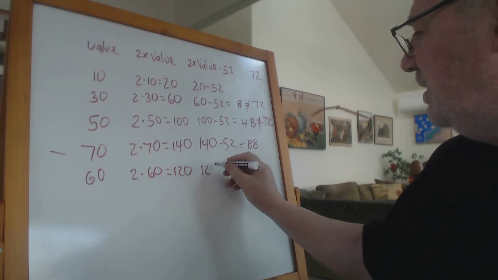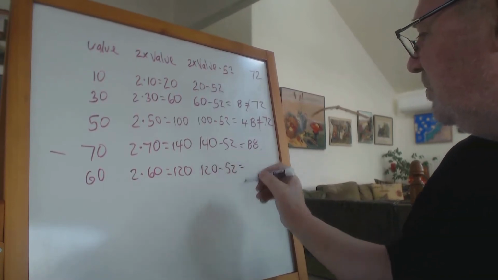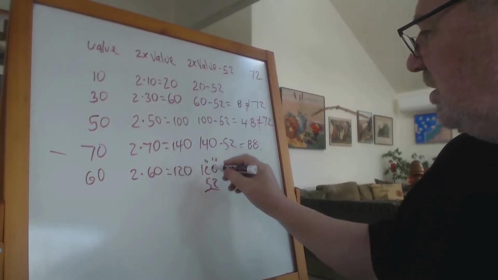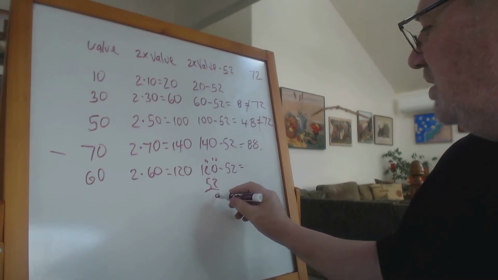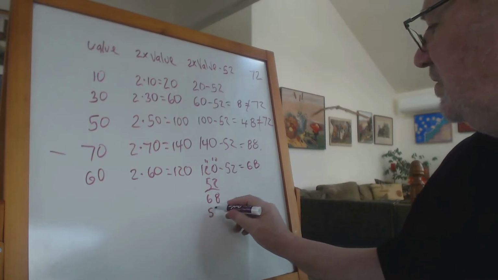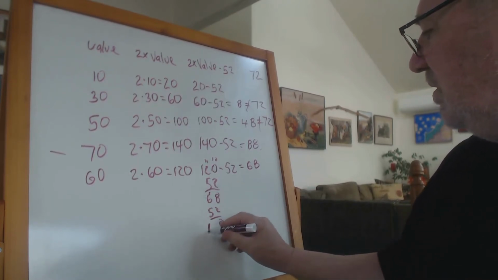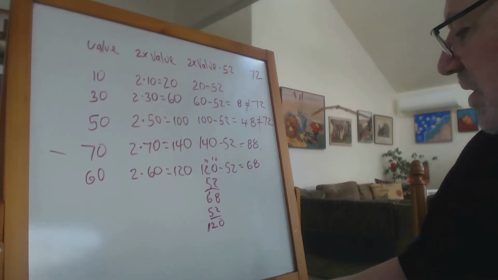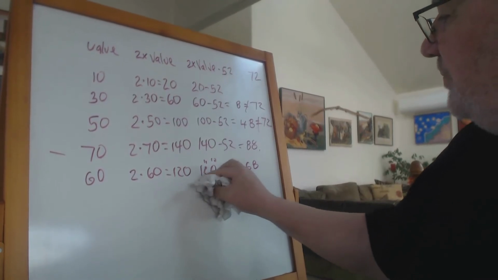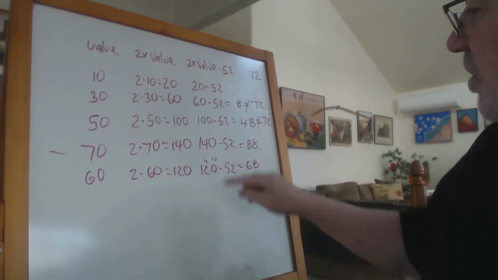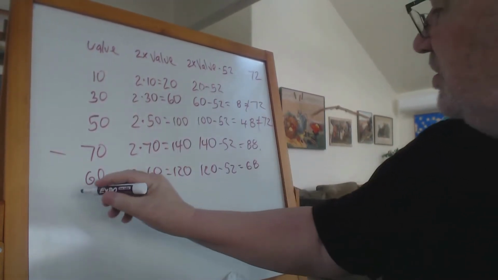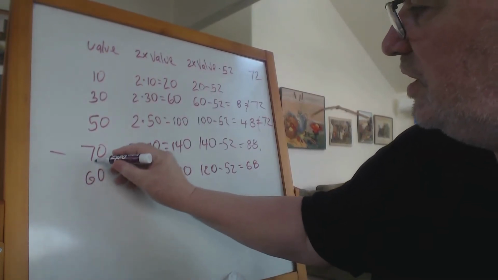And 120 minus 52 is equal to 68. 68 is still too small. So 60 is too small, and so it's in between 60 and 70.